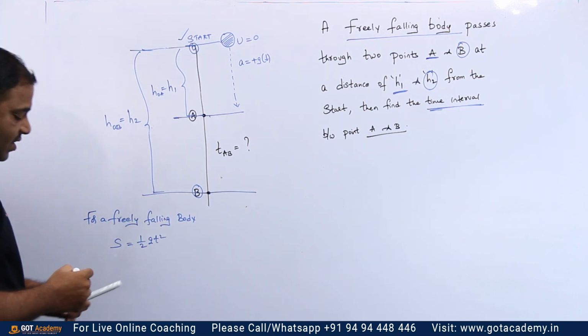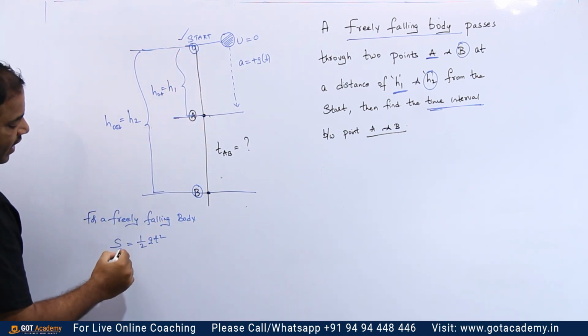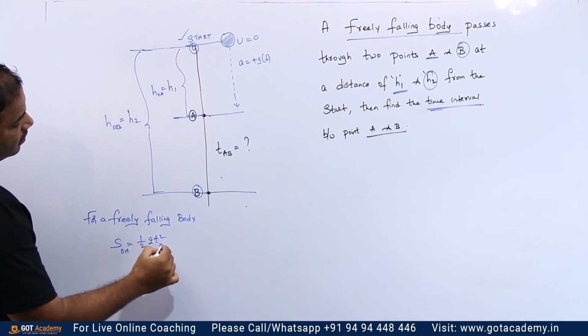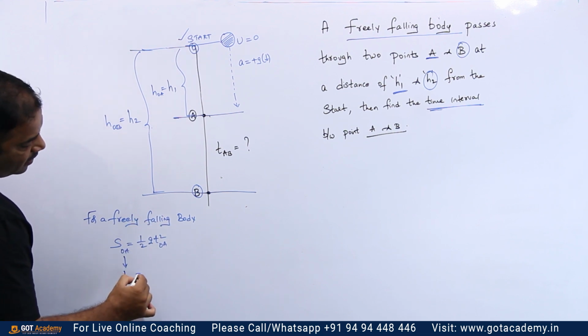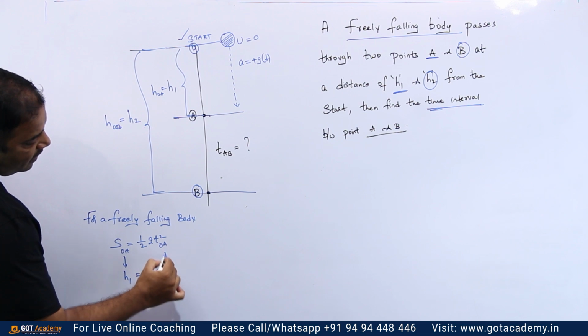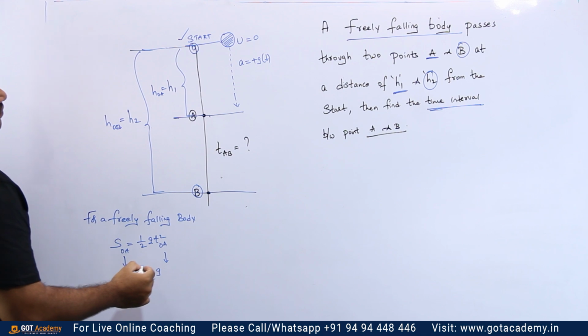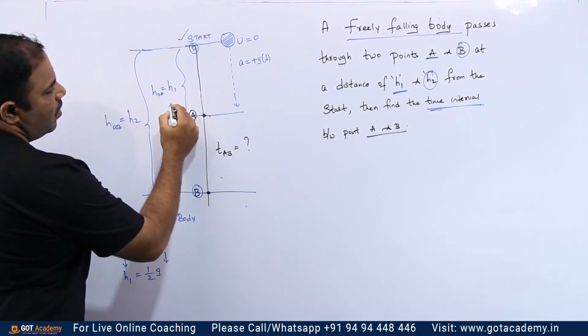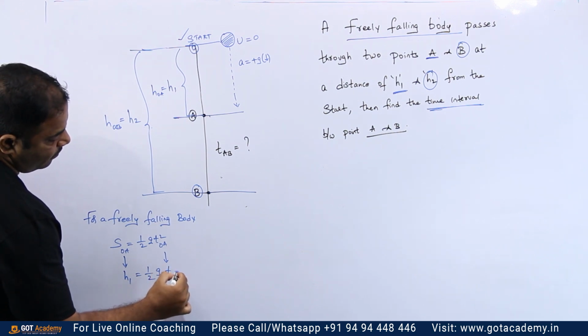So S stands for distance, isn't it? So here the distance from point O to A. Let me write O to A. So the distance from point O to A is H1, equal to half g, whereas the time from O to A I take as T1. Or let me leave it as T O to A only.